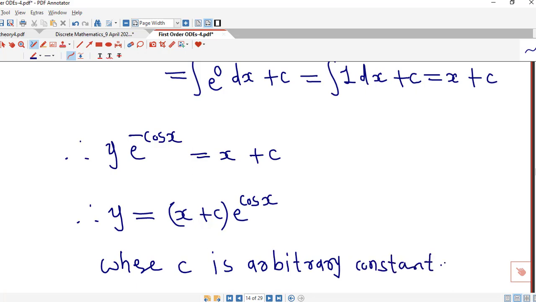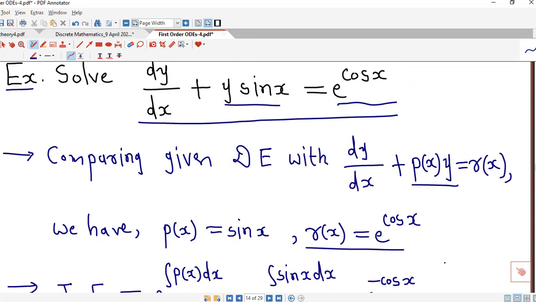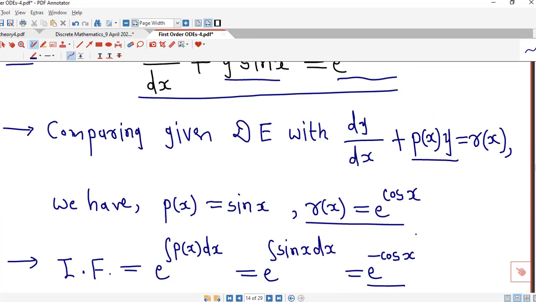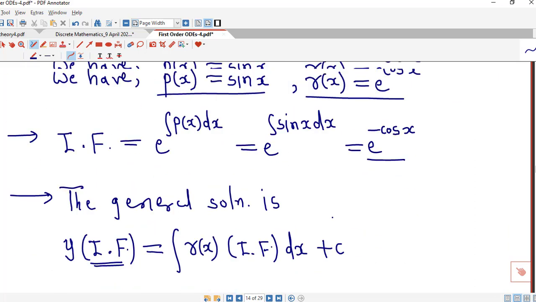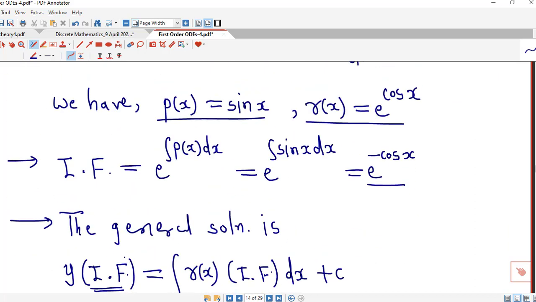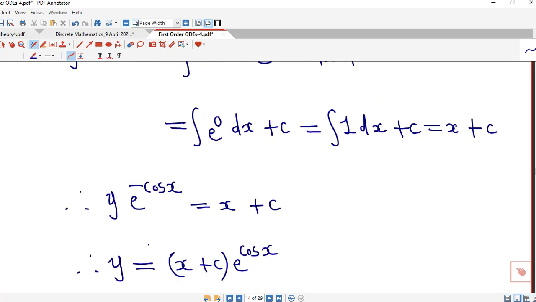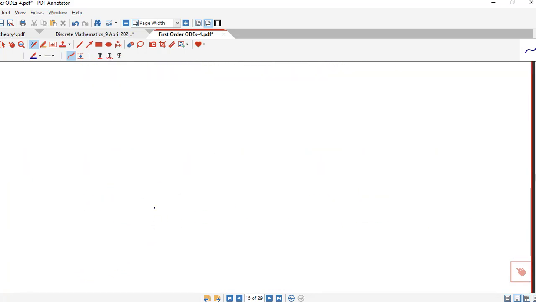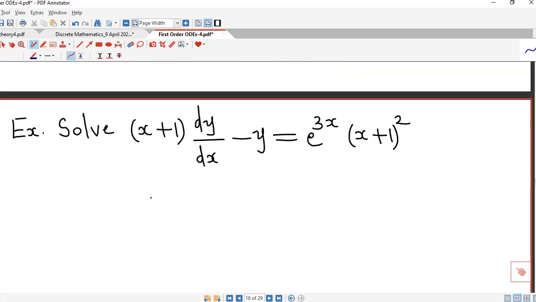The given differential equation was linear. So first we obtain p(x) and r(x), then we find out the integrating factor, and then we use this formula for the general solution. We may consider some more problems.